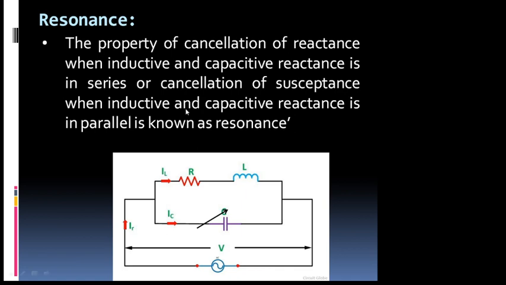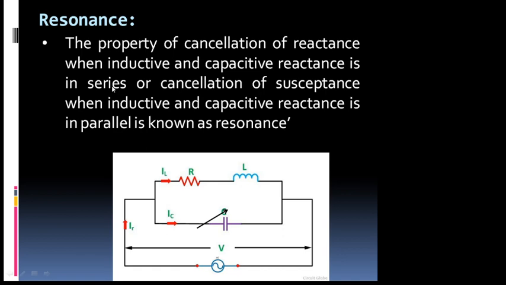Inductive reactance and capacitive reactance give inductive susceptance and capacitive susceptance. So YC and YL. The third one is impedance, and when you take the inverse of impedance it becomes admittance. So again, resonance is the property of cancellation of reactance, that is XL and XC, when they are in series.